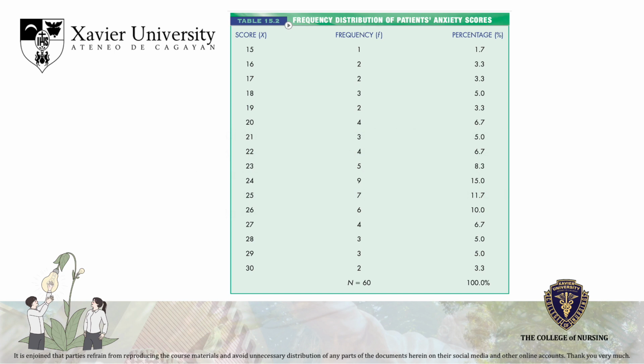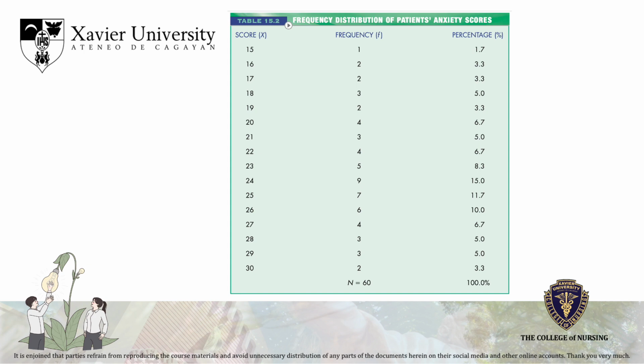We have another sample table. This is Table 15.2, entitled Frequency Distribution of Patients' Anxiety Scores. The 60 anxiety scores are presented as a frequency distribution, and this arrangement makes it convenient to see the highest and lowest scores, the most common score, where the scores clustered, and how many patients were in the sample.